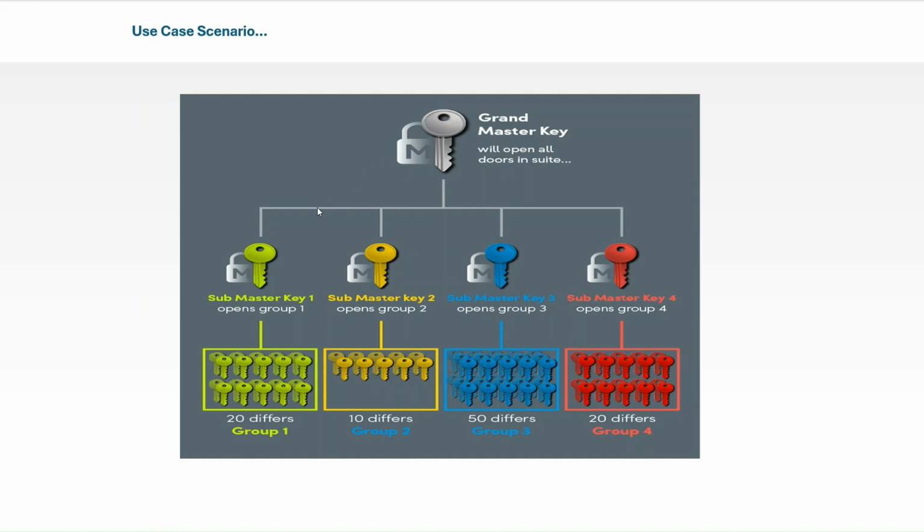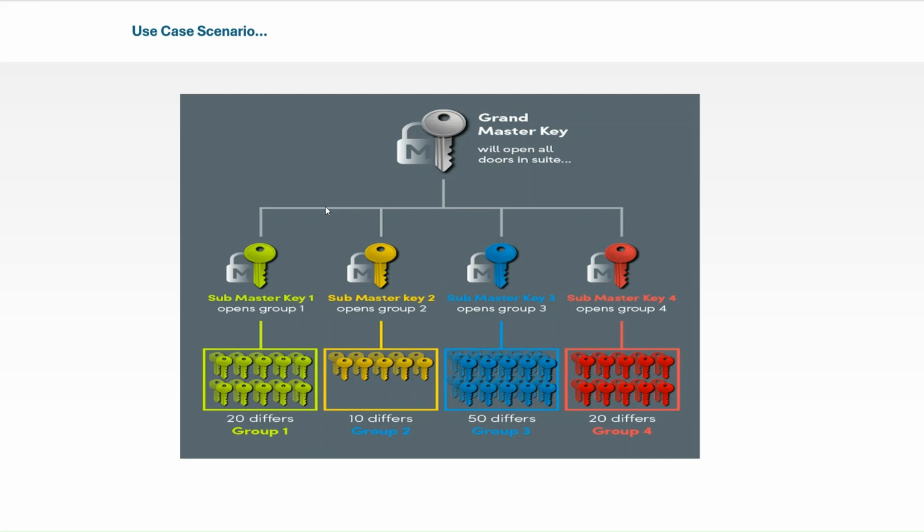So it acts like a master key, and then we can decide to have sub master keys. In a case where we are in a warehouse scenario, we can decide to have a sub master key. And then we can break it further down to different units.